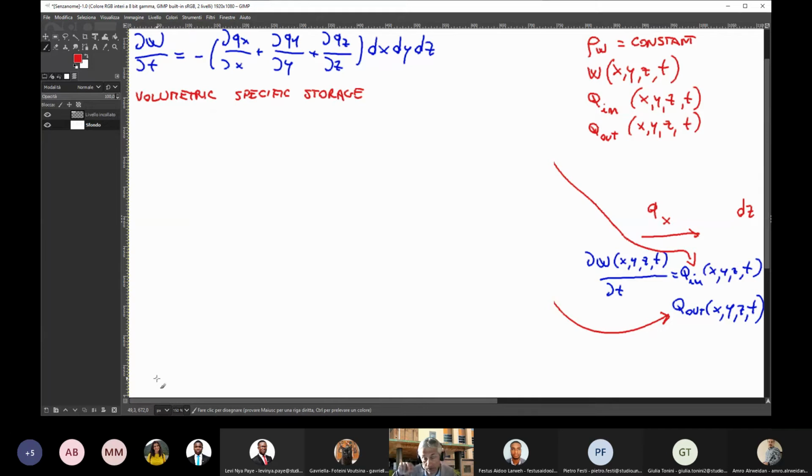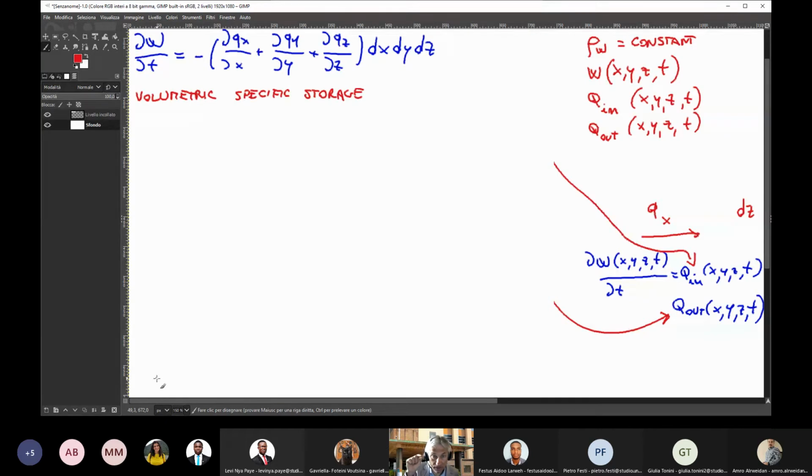Therefore, the trick is that I refer to a small portion of it. So the control volume is very small. This is something that I didn't say at the beginning. The x, the y, the z, these coordinates, these dimensions that I named implicitly, I meant to say they are very small.